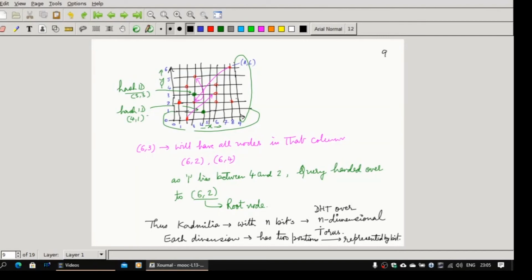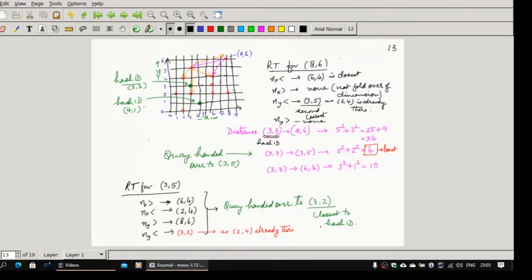Suppose the same query 3,3 is available with 8,6. What is going to happen? For an entry for which nx is less than 8, we can choose the closest one, so we can choose 6,4, which is the closest Euclidean distance. For nx greater, there is no entry because there is no fold over.